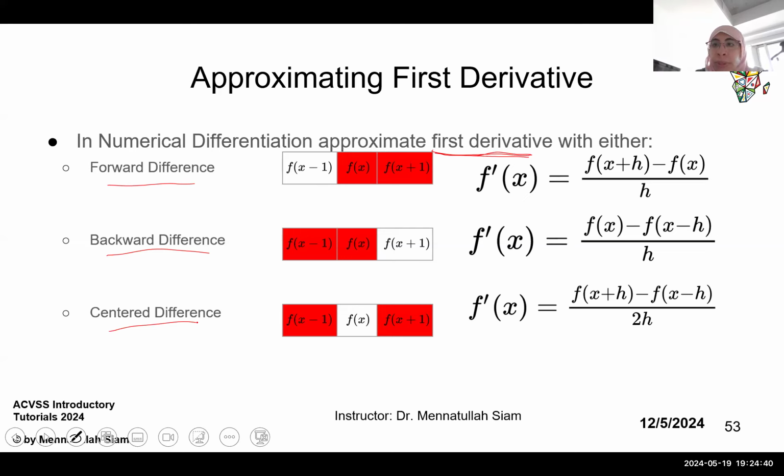You have your current pixel. You take the forward one minus yourself; this is the forward difference. Or you look back; this is the backward difference. Or you take the forward minus the backward, where x is whatever current pixel you're at; that's the center difference.